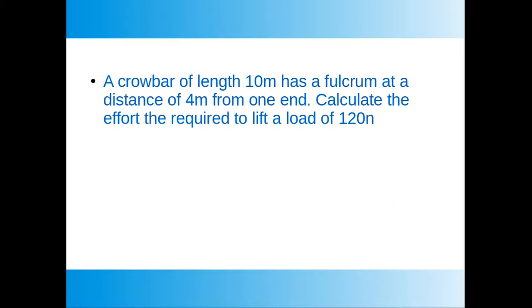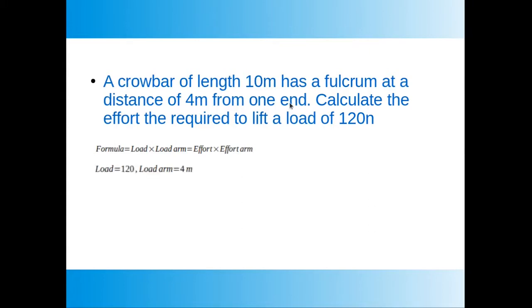We don't know whether it is the load arm or the effort arm, so we should find it out. The second part of our question is to calculate the effort that is required to lift a load of 120 N. As I told, we should know the formula first. The formula is load into load arm equals effort into effort arm, the same as the first question.